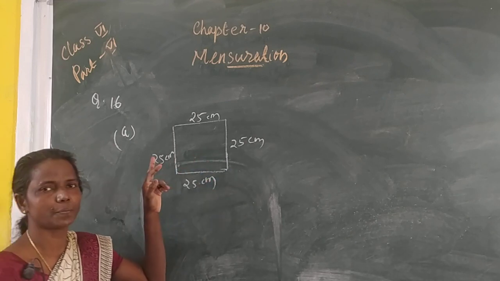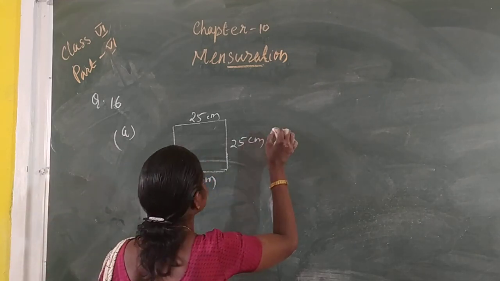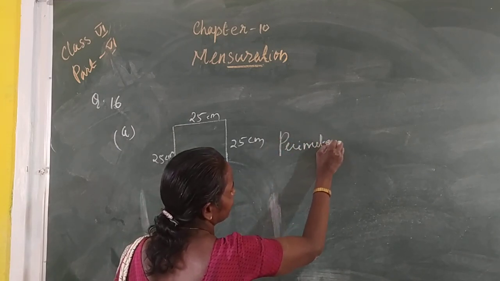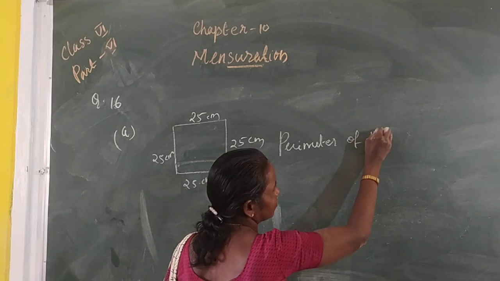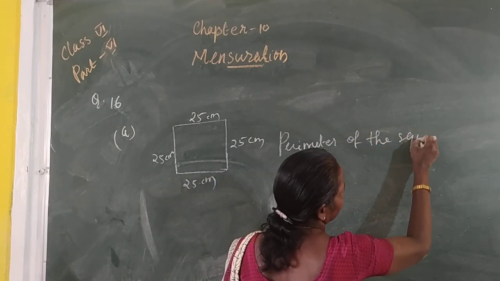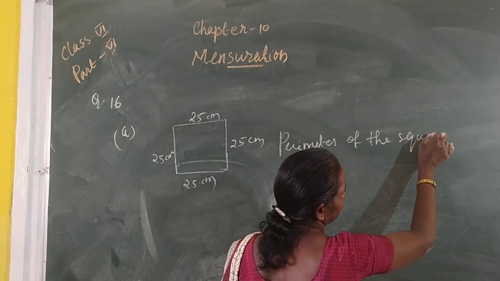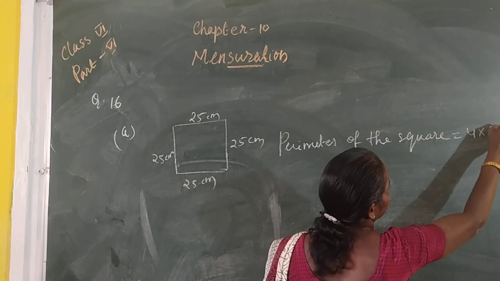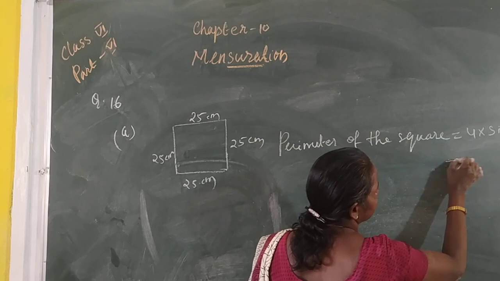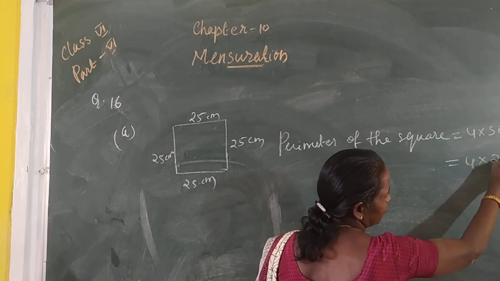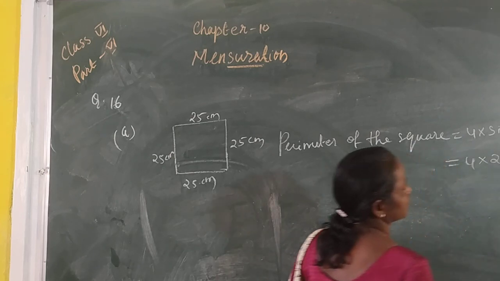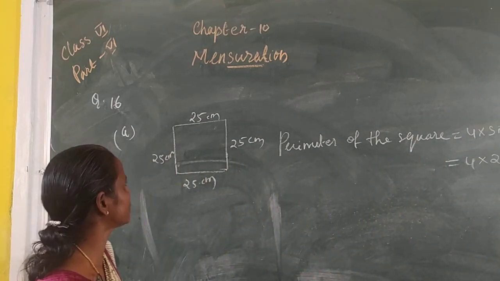So we can find out the perimeter of the square. Perimeter of the square is equal to 4 into side is equal to 4 into 25 is equal to 100 centimeters. This is the first question's answer, 100 centimeters.